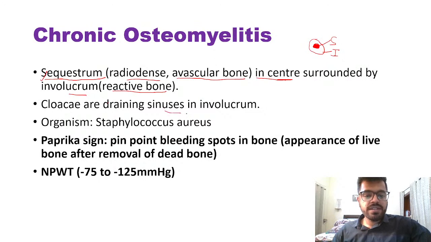Cloacae are the draining sinuses in the involucrum. Inside is the dead bone with all the infection and purulent material, and the pus starts to trickle down and come out through various tracts which form in the involucrum. These tracts are known as cloacae.